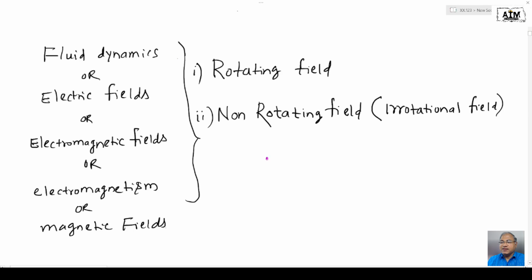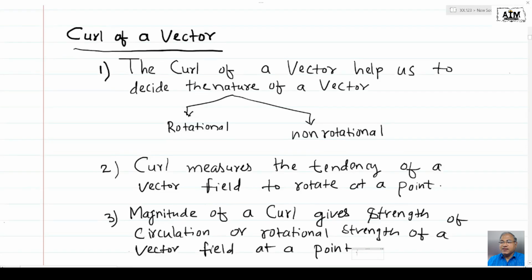That we can decide with the help of a mathematical concept called curl. The curl of a vector helps us decide the nature of the vector field, as I already told you, that it may be either rotational or non-rotational. Second point, the curl measures the tendency of a vector field to rotate at a point.